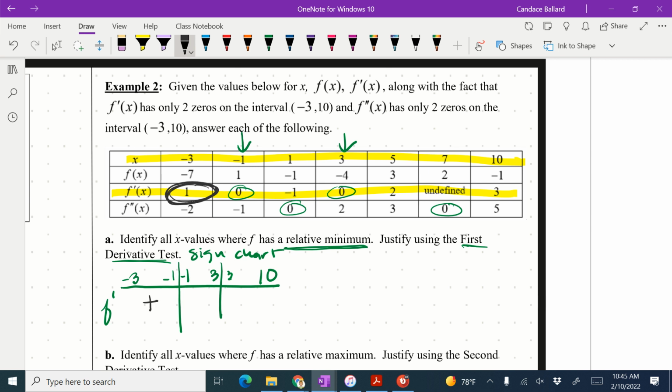Between -1 and 3, what kind of number? Negative, good. And then between 3, I know there's something undefined in there, but between 3 and 10, what kind of numbers are they? Positive. I probably should have included the 7, but it wouldn't change my answer here because it's positive in both of those places. So it's positive, positive.